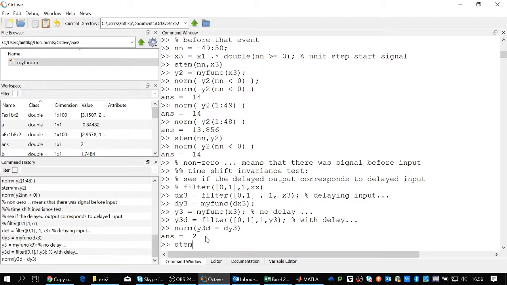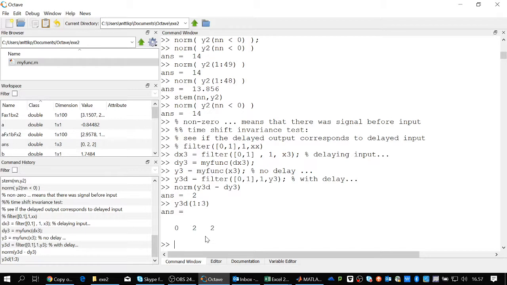Let's take a look at y3d, the first few values. Where did that 0 come from at the beginning of that? That's the artifact we made ourselves. We delayed the output, and since we didn't have any other information, we added 0 to the beginning of the data.